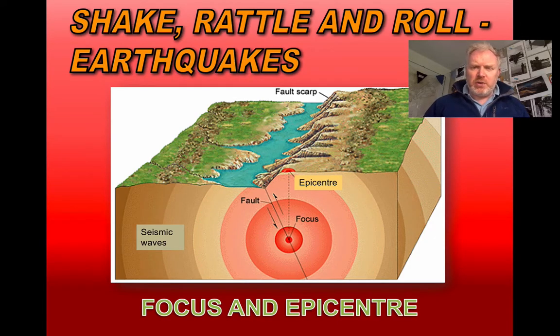What I'd like you to do is annotate the diagram to see if you can come up with a definition for each of these terms. You might want to do it in pencil, and then we'll confirm them in just a moment. Press pause now and give it a go.